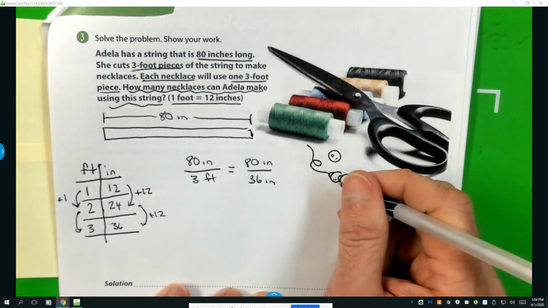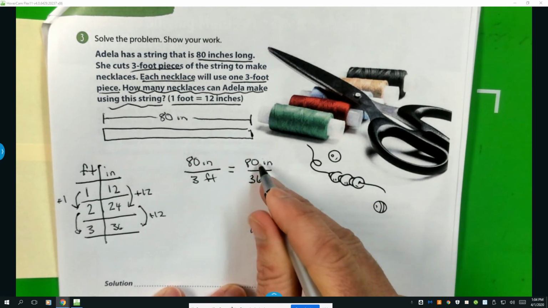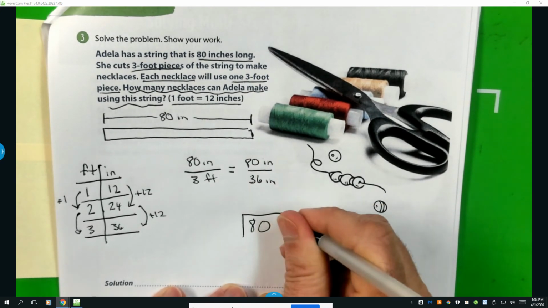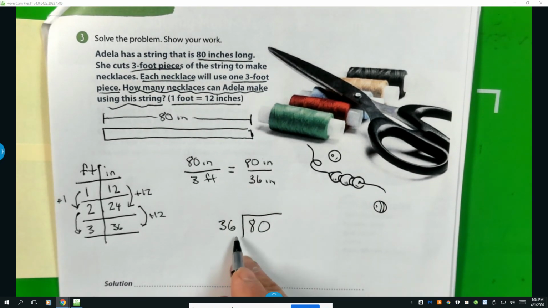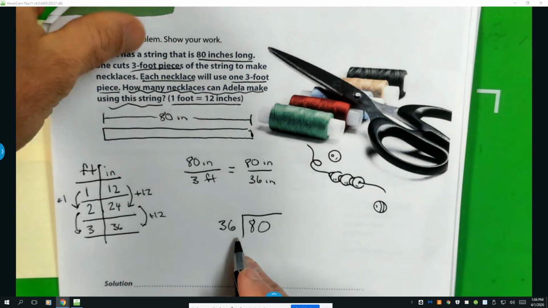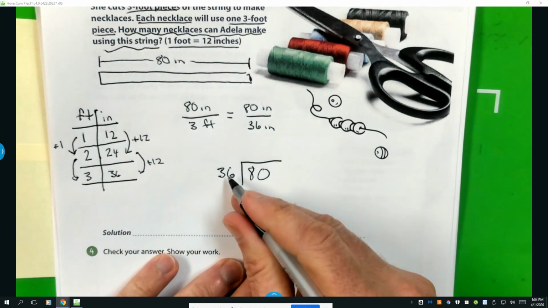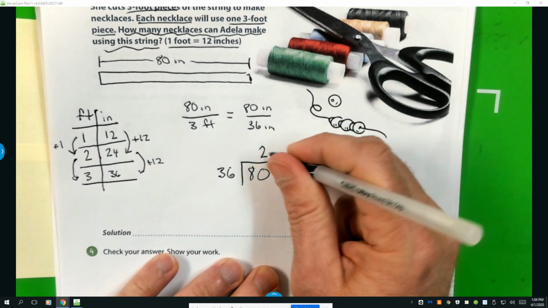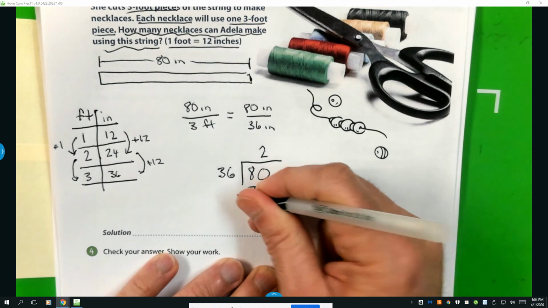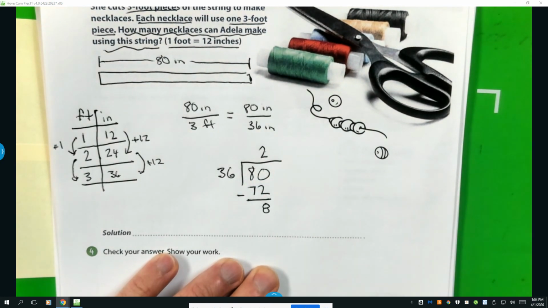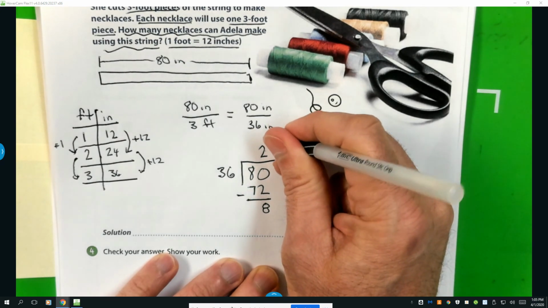All right, so we have 80 inches, because this is fractions as division, divided by 36-inch pieces. How many 36s are in 80? This would be a great time to pause, work this out. And quickly, you're going to find out there are 2. 2 times 36 is 72. It's going to leave us with 8.